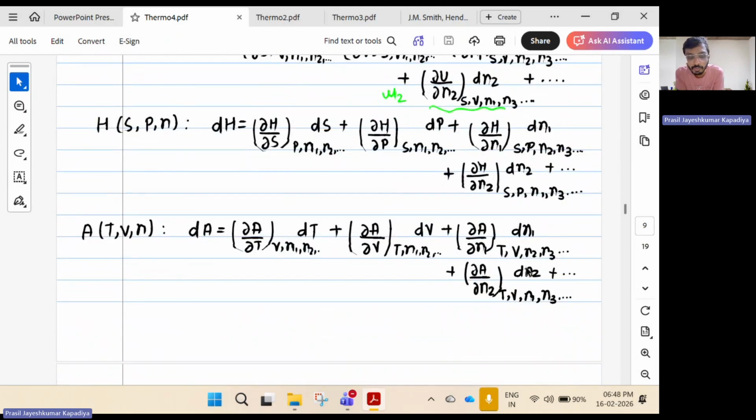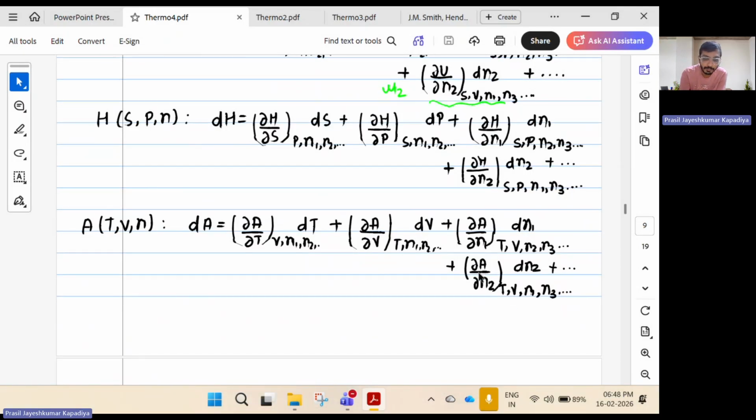Similarly, if I write it down for Helmholtz free energy, dA is equal to del A by del T at constant V, N1, N2 and so on, dT, plus del A by del V at constant T, N1, N2 and so on, dV, plus del A by del N1 dN1, keeping N2, N3 and all others till N constant, plus del A by del N2 dN2. Only N2 is varying, N1, N3 and all others are constant. So this term is also mu1 and mu2.